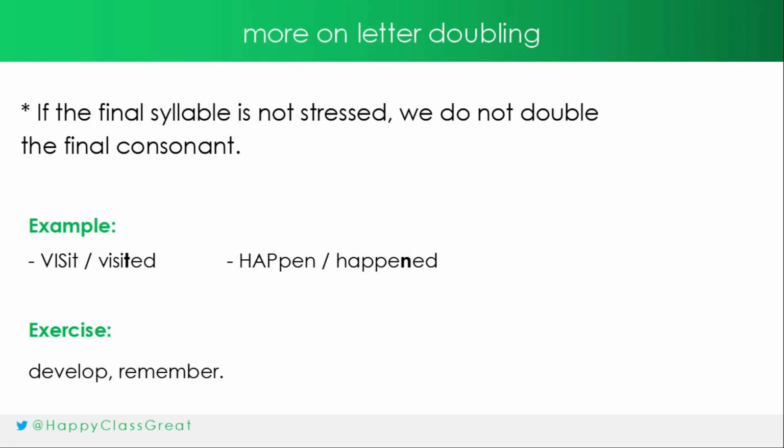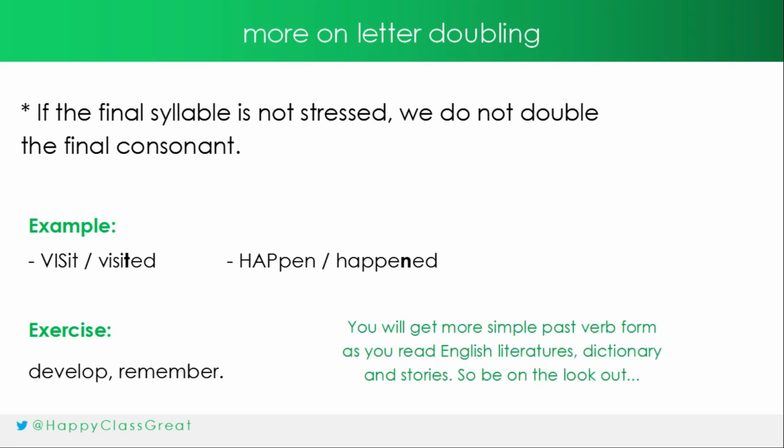These are the words that follow the same path as visited and happened. So develop, we don't have double p. You understand? We have develop, developed, and remembered also will be just ed without doubling the r. You get more simple past verb forms as you read English literature, dictionaries, and stories.